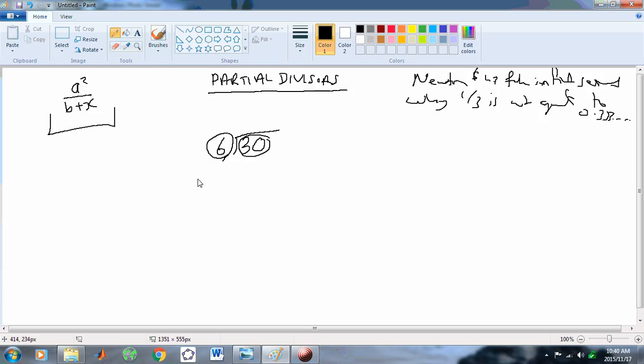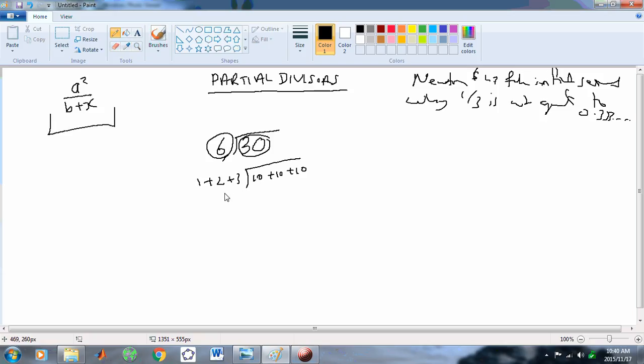So for example, you could write this as 1 plus 2 plus 3 divided by any linear combination of 30, 10 plus 10 plus 10, or 15 plus 15, or 20 plus 10, or whatever else you wish. And you can do the division process using any one of these partial divisors, 1, 2, or 3.